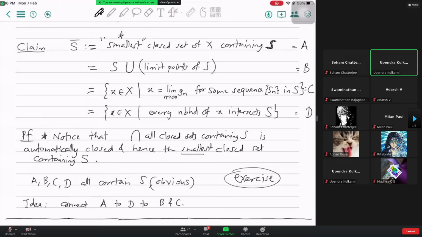So D complement is a subset of A complement. What that shows is that A is a subset of D. Yes, sir.